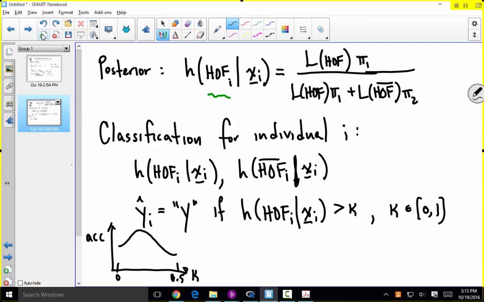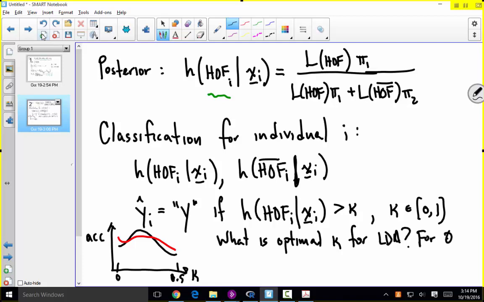So make a picture like this for both QDA and LDA. Tell me which kappa was the optimal kappa for LDA, which was optimal for QDA. So what is the optimal choice of kappa for LDA and for QDA?